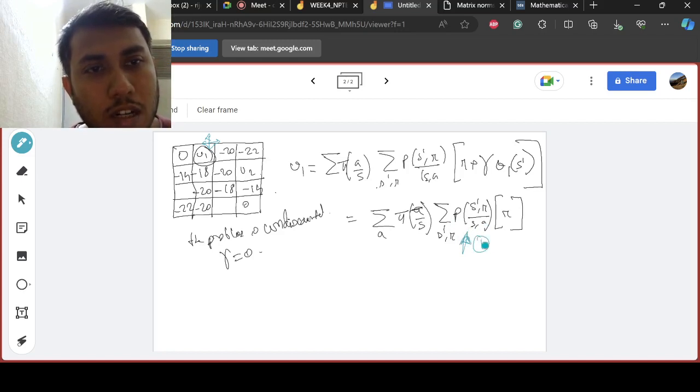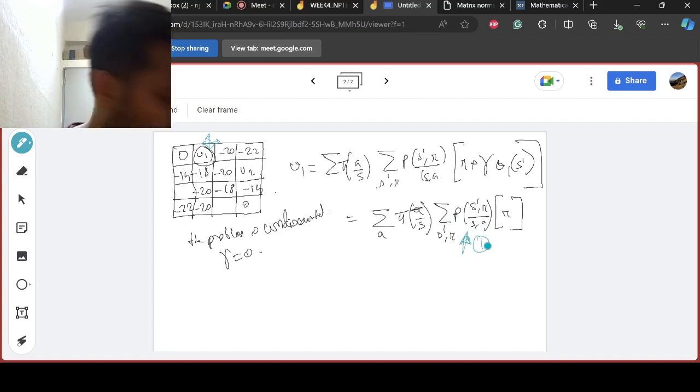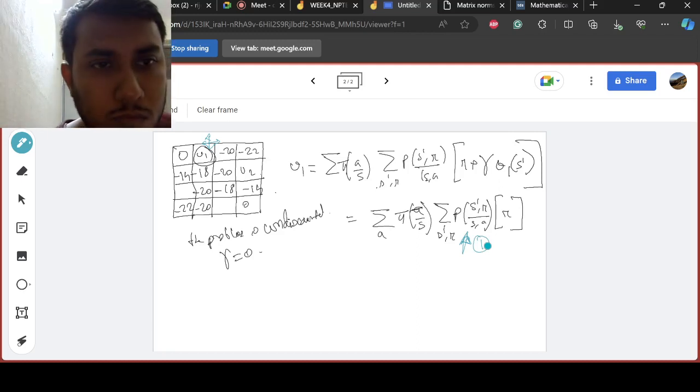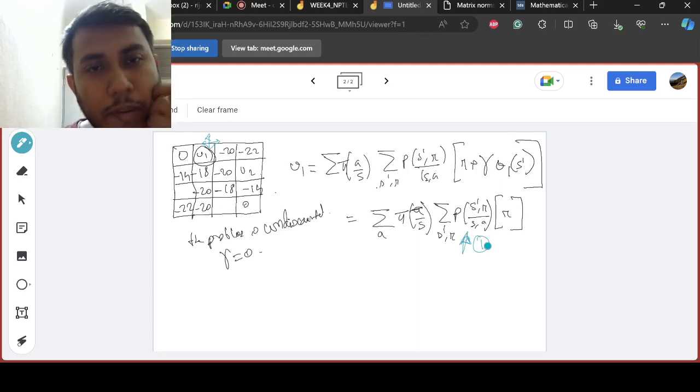So this will be 1, because it is deterministic, it is constant, it doesn't change.